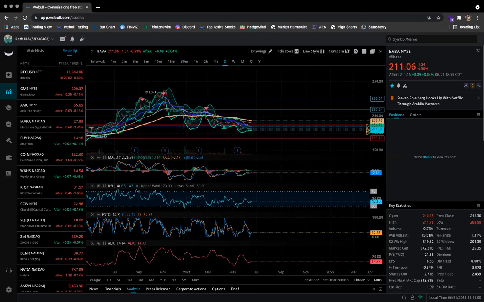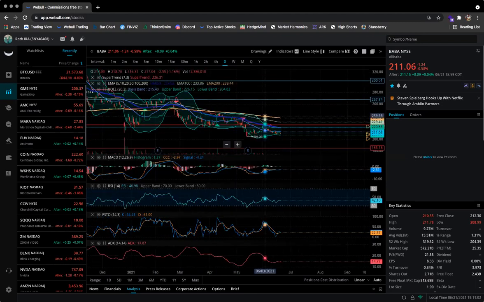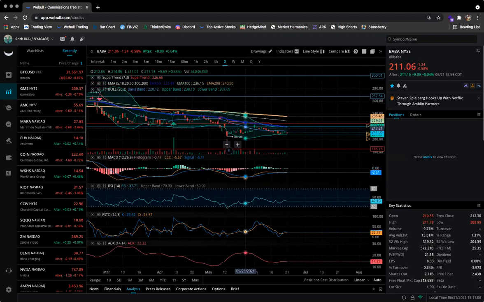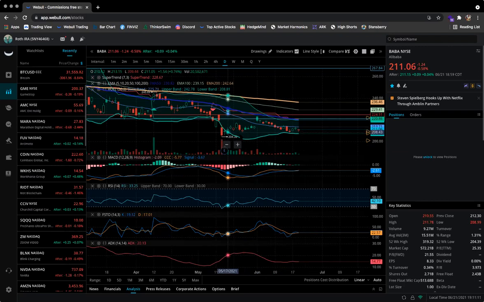But to me, we've already passed the 200 EMA, which is the ultimate you've gone too far, as well as the price. We can see that we've been supported around this price, so I have support here, which gave me confidence in making this trade.